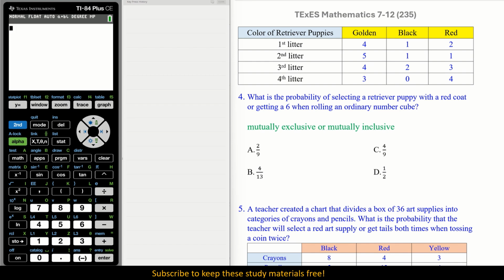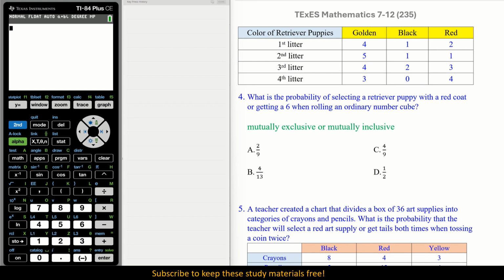You may think, okay, well, obviously there isn't repetition. But the definition of mutually inclusive states that it is mutually inclusive if it can happen at the same time. So, can you roll dice and point at a puppy?